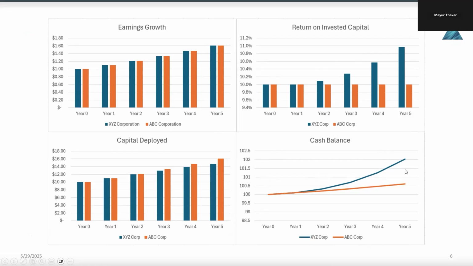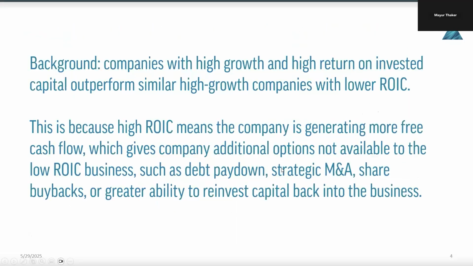That excess cash that XYZ is generating is going to lead to a better return for shareholders over time, because this company has more free cash flow left over to do the things that I mentioned over here: paying down debt, strategic M&A, share buybacks or dividends, or a greater ability to reinvest capital back into the business.